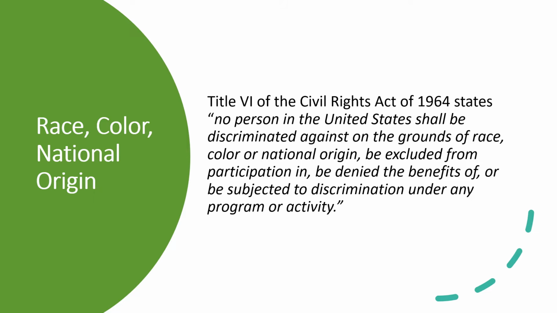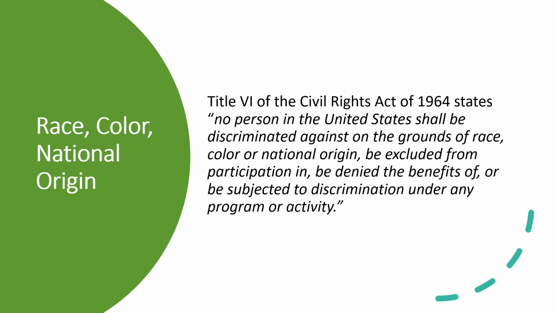The Civil Rights Act of 1964 was a product of the growing demands of the early 1960s. Launched by the federal government as a response against racial discrimination, Title VI of the Civil Rights Act of 1964 prohibits discrimination on the basis of race, color, or national origin in federally assisted programs.